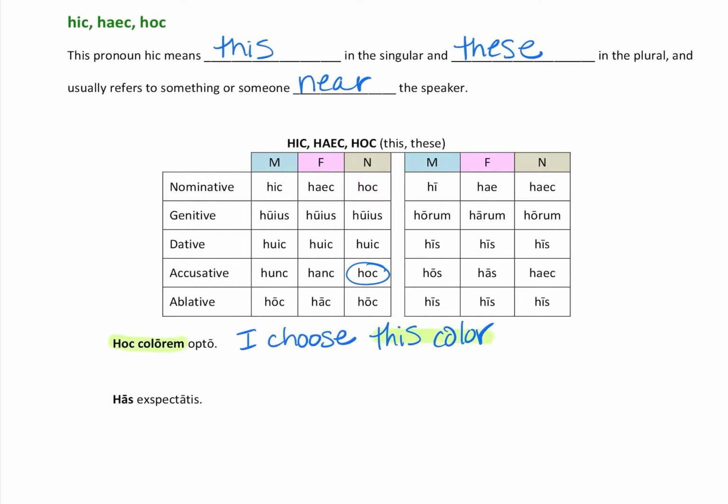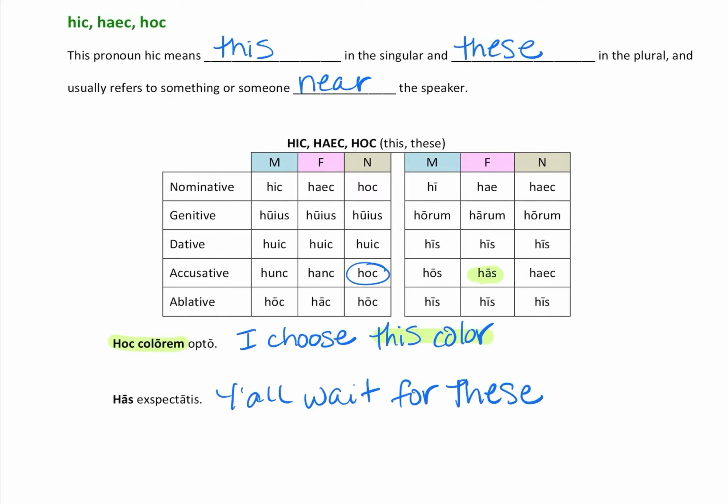Okay. Has expectatis. So expectatis is second person plural, so it has to be y'all. There can't be a separate nominative. Y'all wait for who? It's has. Look at this. Has right here. Y'all wait for these.